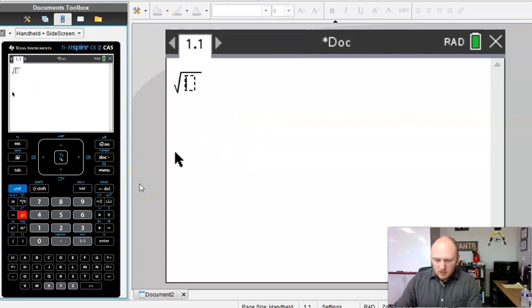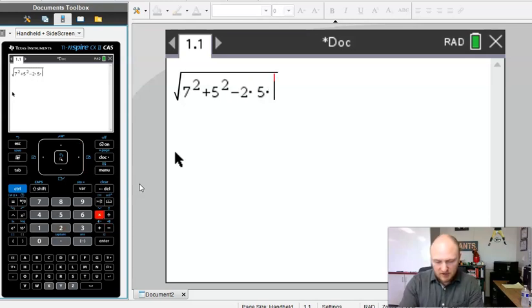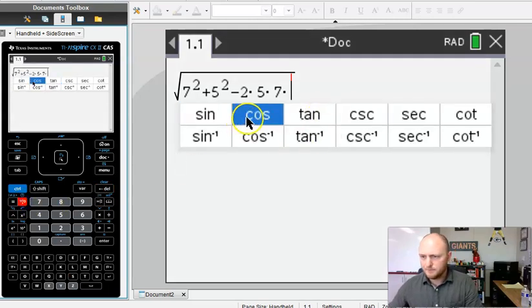All right. So we want 7 squared plus 5 squared minus 2 times 5 times 7 times cosine of 100.